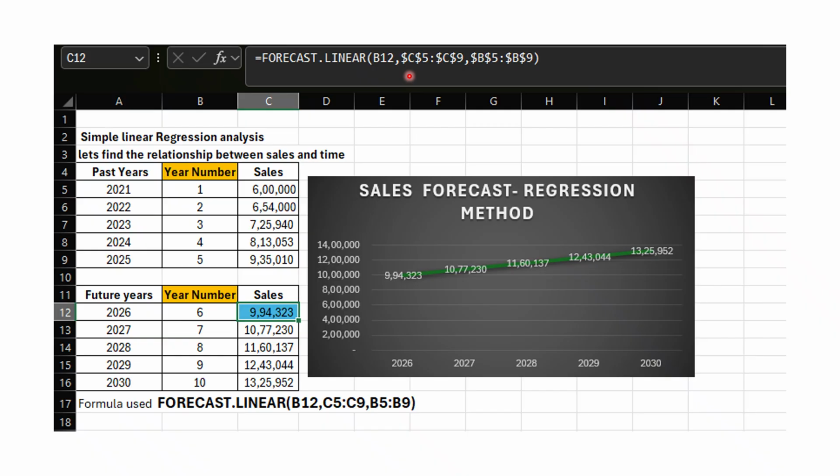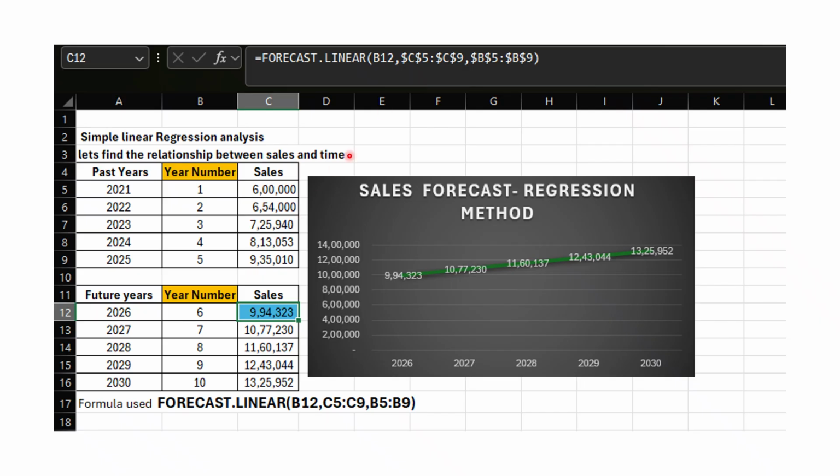Why do we have the dollar signs in between? Because this is fixed: C5 to C9 and B5 to B9 have dollars, which means they are fixed. For the next 5 years I'm taking the last 5 years as fixed figures. If you are using fixed figures in Excel, we have to use dollars in between.